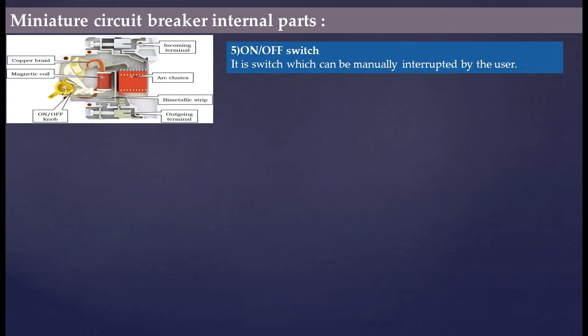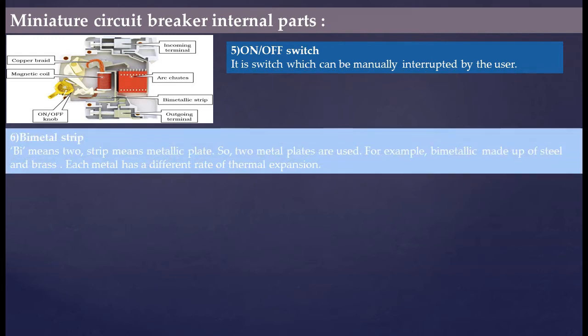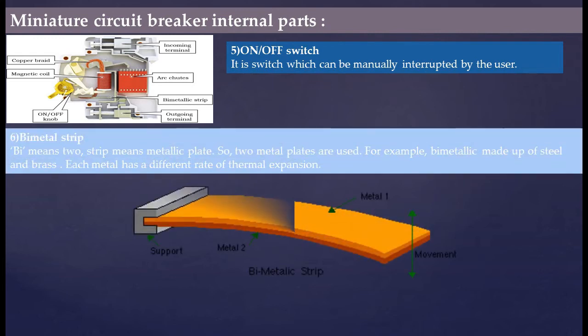Next part is bimetal strip. Bi means two, strip means metallic plate. So two metal plates are used. For example, bimetallic made up of steel and brass as shown in the figure.